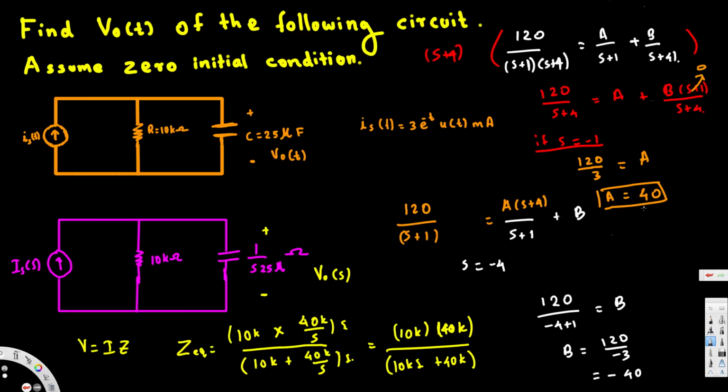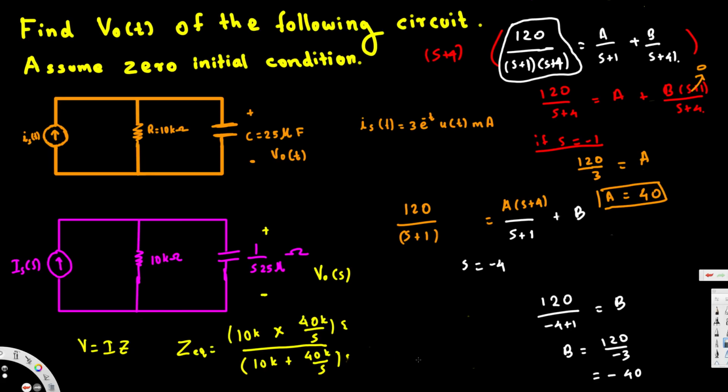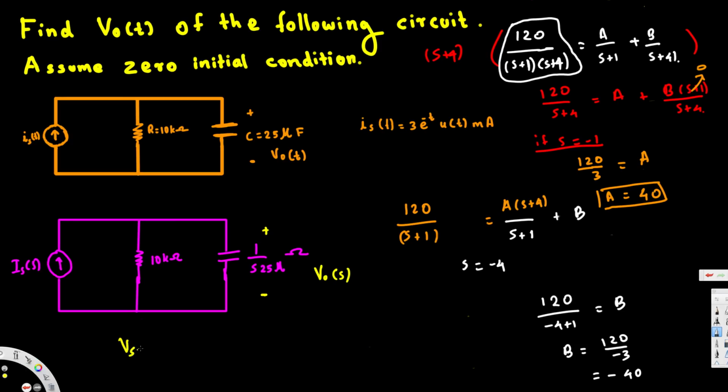So we have the A value and B value, so we can write our final expression. This was the voltage we found in the Laplace domain. Now we are going to write the whole expression like this. Vo of s is equivalent to A over s plus 1.